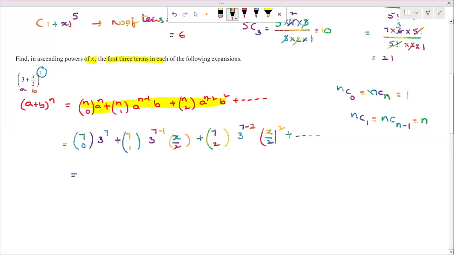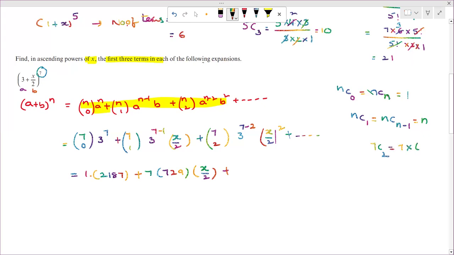Generally 7C0 is 1 only. 3 to the power of 7 is 2187, plus 7C1, where nC1 is n, so 7. Use your calculator: 3 power 6 is 729, into x by 2, plus 7C2. If you want, you can simplify 7C2.